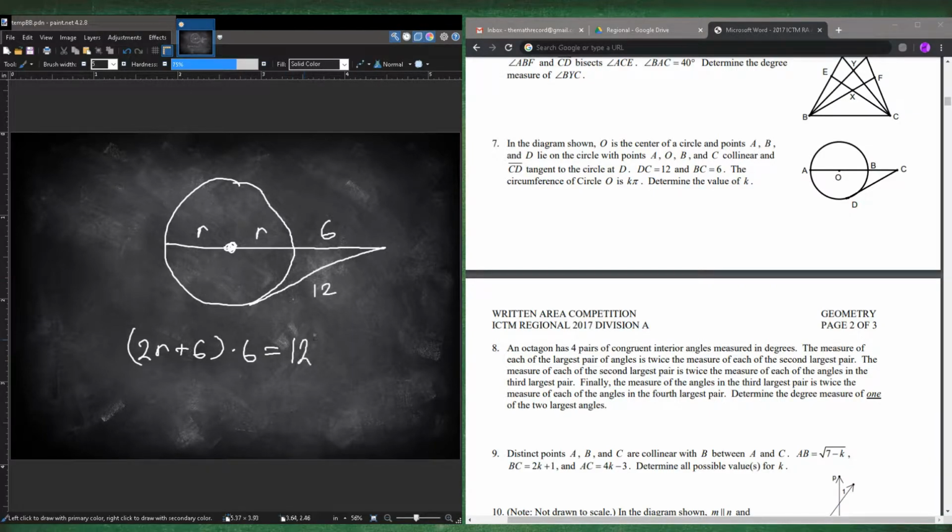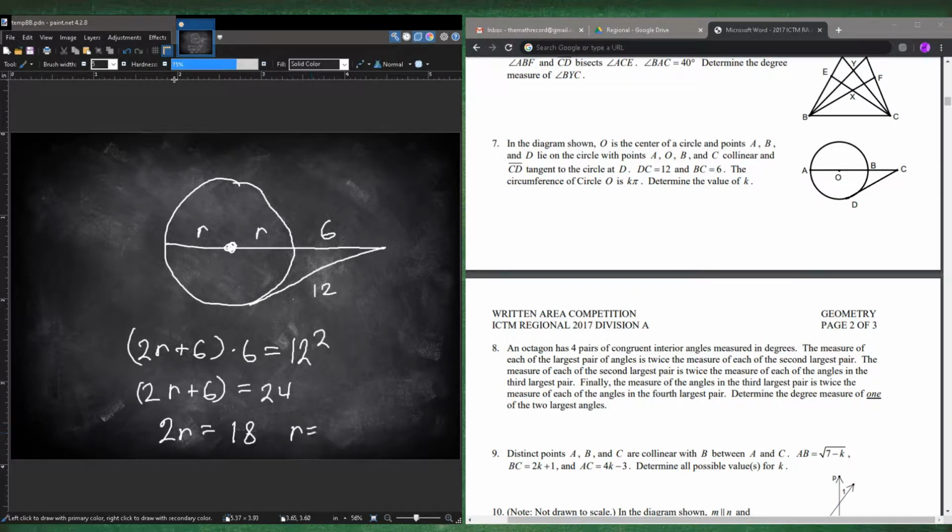So it's equal to 12 squared. So 2r plus 6 times 6 is equal to 144. Divided by 6 is 24. So 2r plus 6 is equal to 24, so 2r is equal to 18.